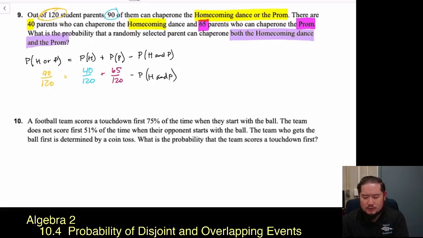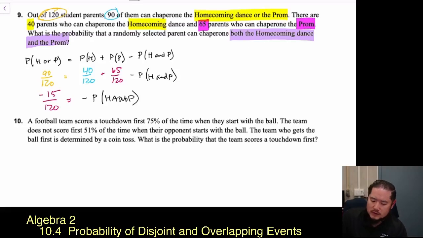So if we subtract 105 over 120 from both sides right here, I'll end up with negative 15 over 120. And that's equal to negative P(H and P). And what the heck is that, you may say? I wonder myself. So let me go ahead and fix that up.